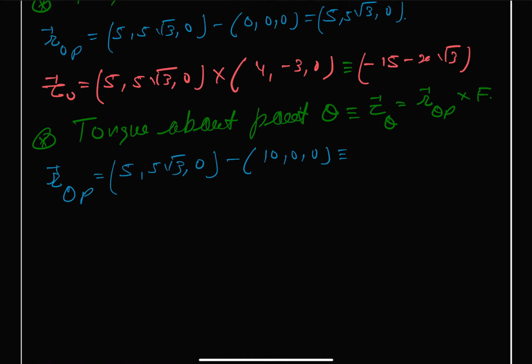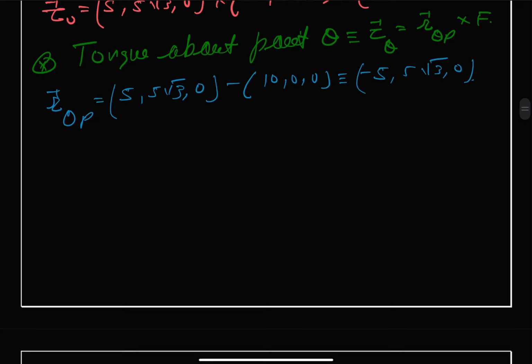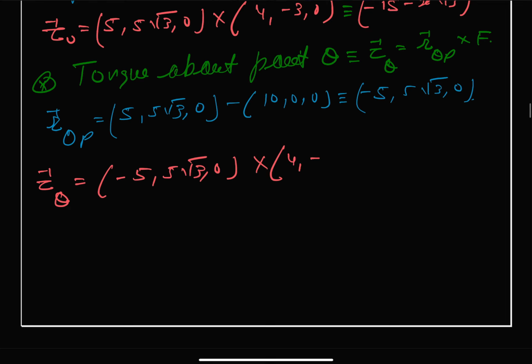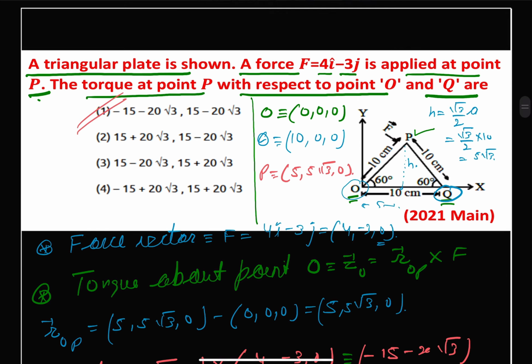So this comes as minus 5, 5 root 3, 0. Therefore torque with respect to point Q will be equal to minus 5, 5 root 3, 0 cross product 4, minus 3, 0, which comes as minus 15 minus 20 root 3. So therefore option 1 is correct.